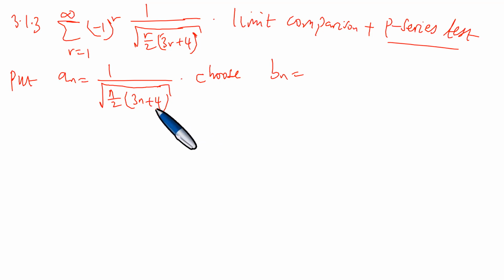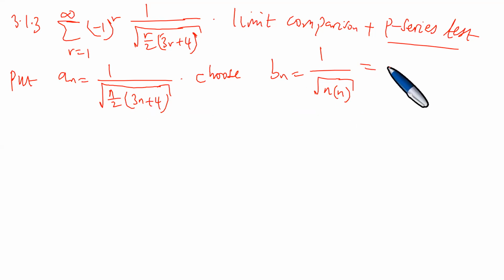For Bn, we remove some of the things, like we're going to remove the 4, the constant, because we just need the higher power. So we can remove even the 2, because what affects the P series is the power of n. So we can choose here this n into n, and remove the 4, remove the 3, remove the 2.